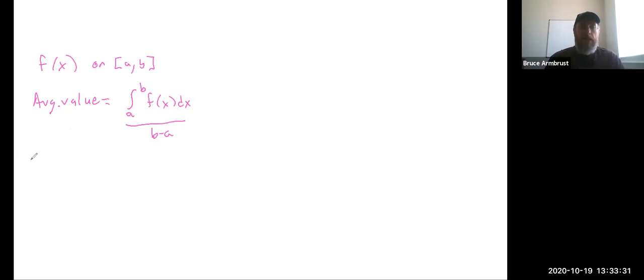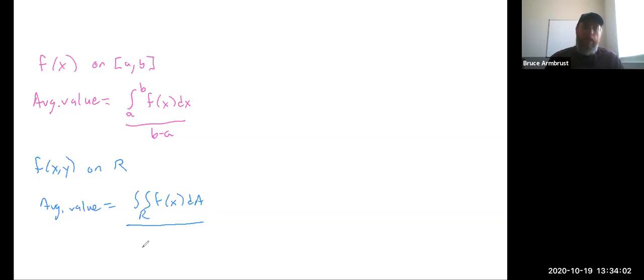If you go to the 2D case, so this time I have to say f of x, y on some region, then the average value is going to be, again, the double integral over the region. So you're going to add it up over that entire region. And then we have to divide by what? What do you think it is we divide by here?